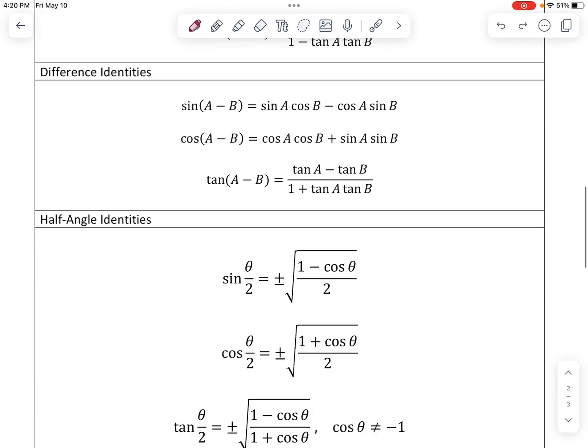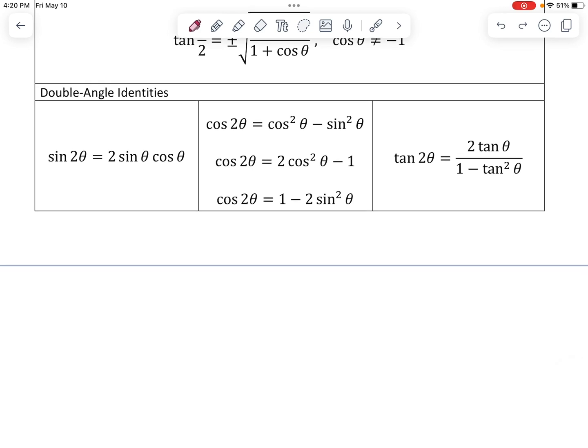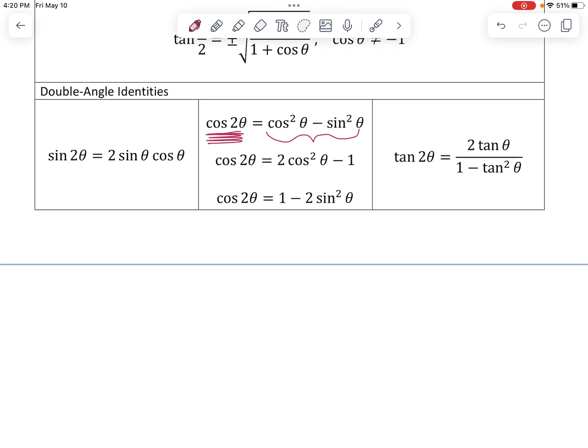The cofunction identities, the negative angle identities, the sum identities, difference identities, half angle identities, double identities, all of them require angles being different, which could work if I had something where the angles were the same and it changed everything into being the different angle. For example, if I had cosine squared minus sine squared, I could change it to cosine of 2 theta and then work with that. But I don't have that here.